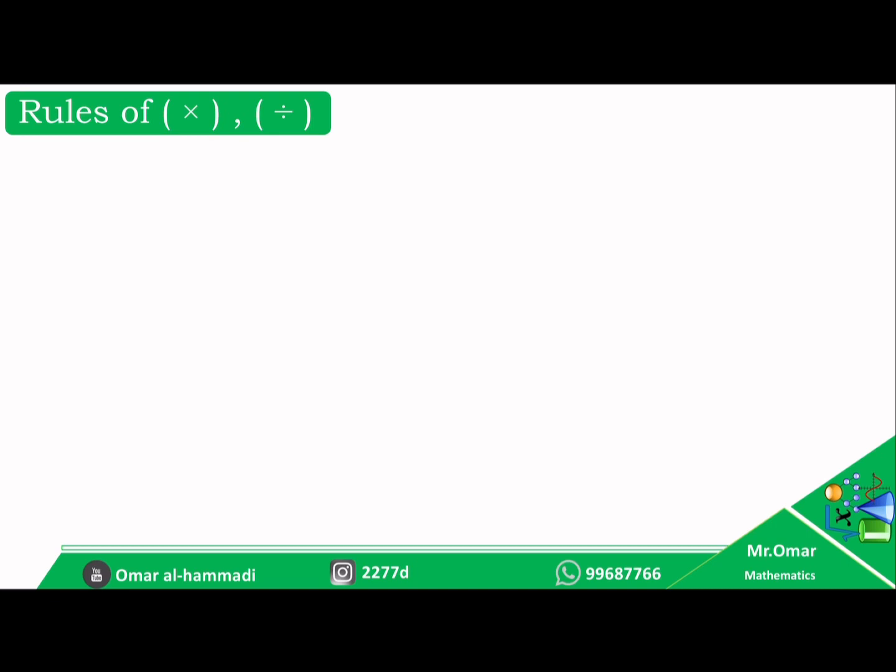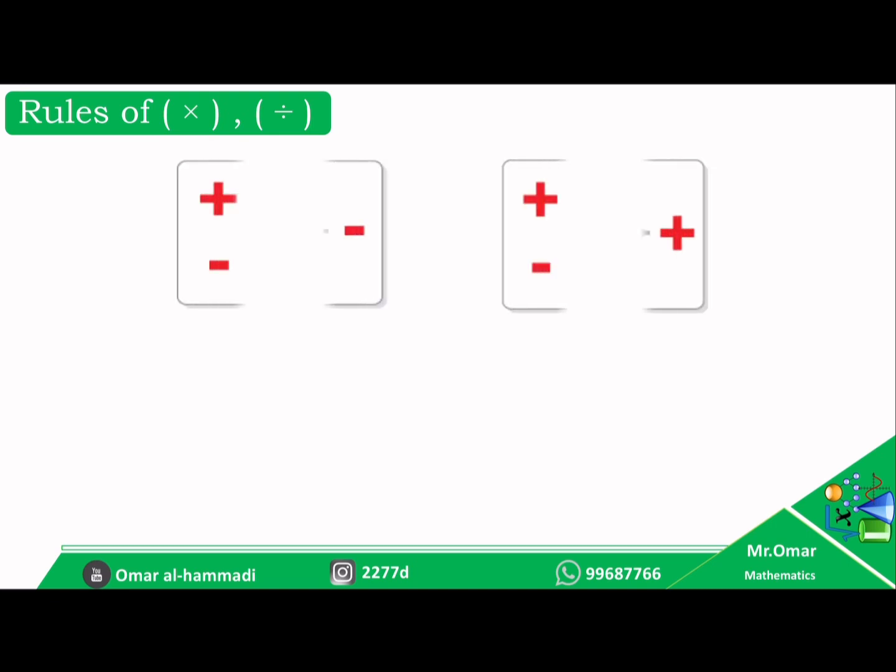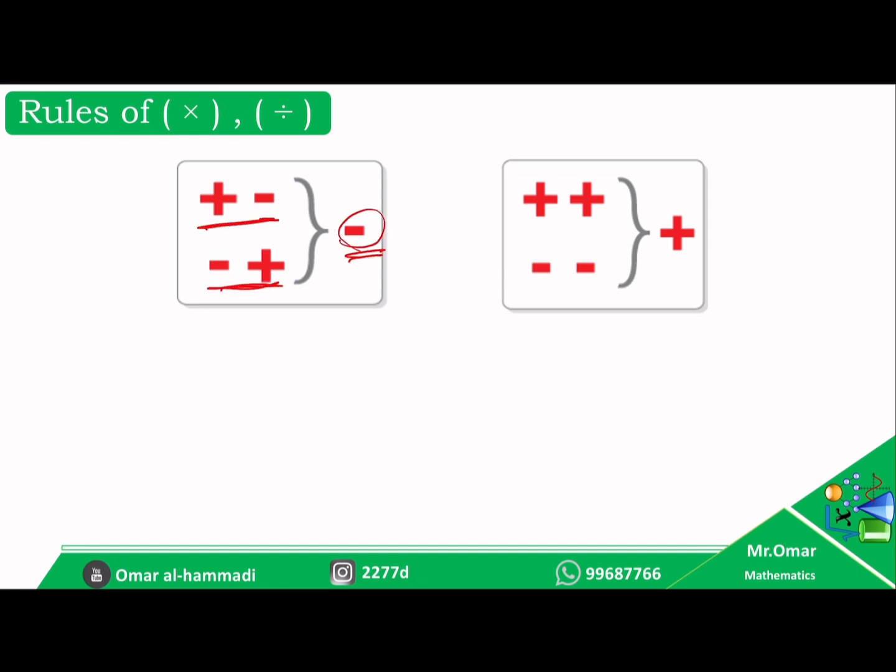Rules for multiplication and division. Here are the rules for multiplication and division. It's the same rules for both of them. It's an easy one. When we have different signs, it will give us minus. But when the signs are the same for the two numbers, it will give us a positive.